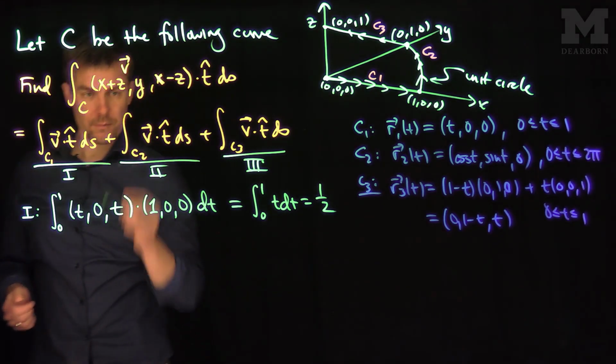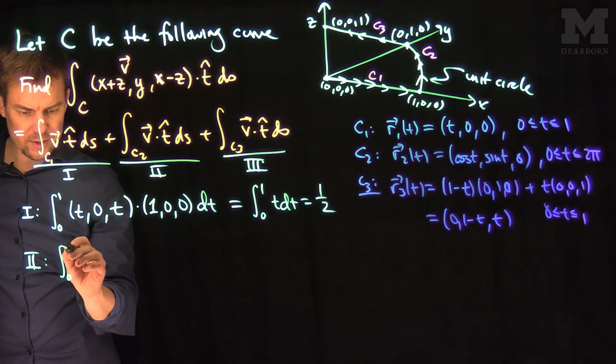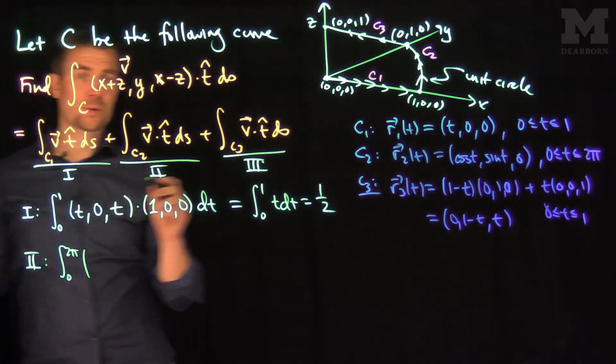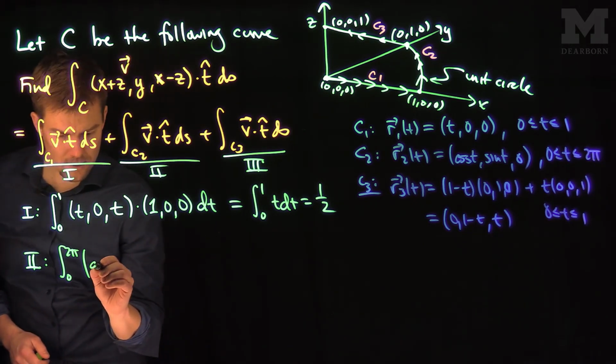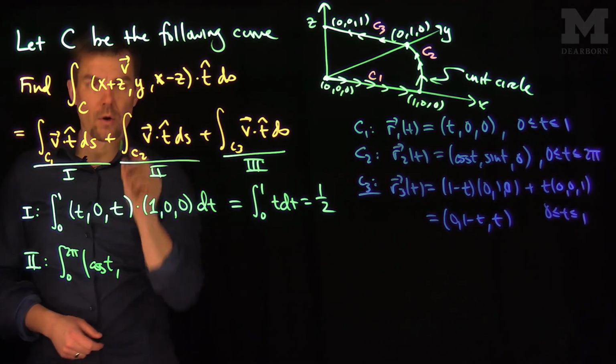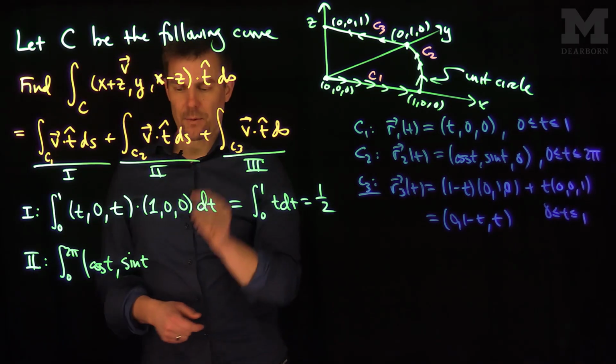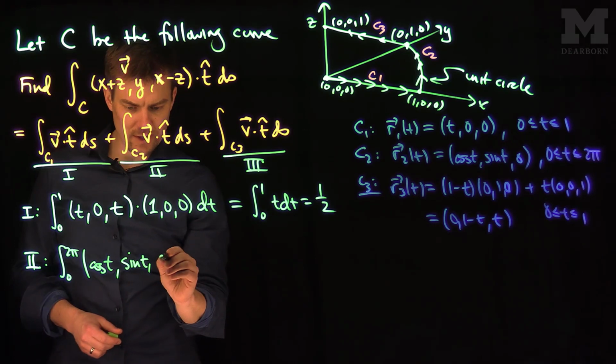Let's do the next part of the flow. For 2, we're going to integrate between 0 and 2 pi. Let's replace x with what it is: x is cosine t, z is equal to 0, y is equal to sine t, and then x minus z is cosine t.